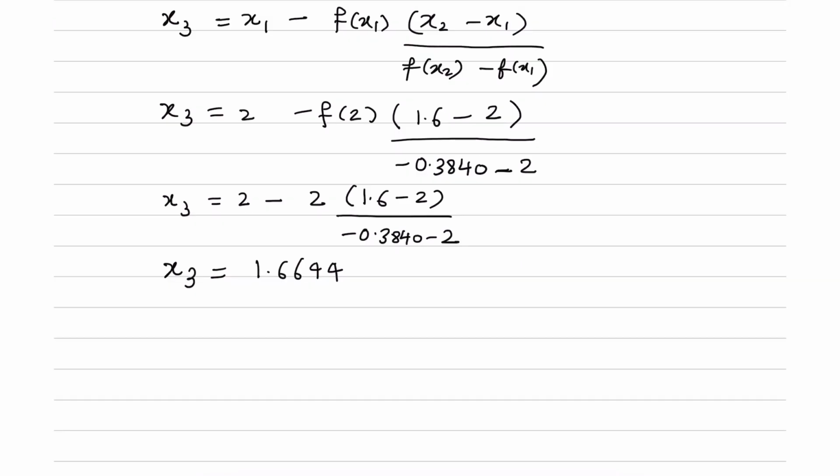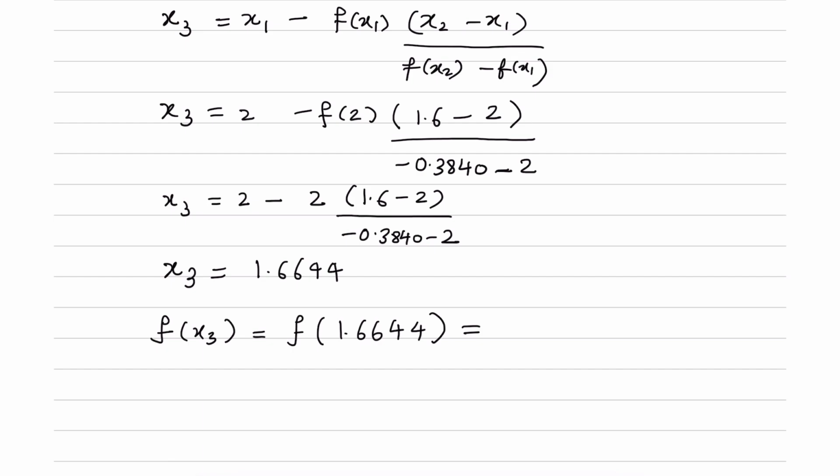Every time you find a new x, you plug it in the function f of x. So we find f of x3, which is f of 1.6644.